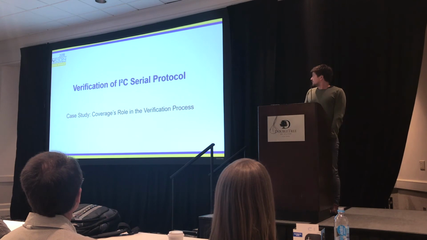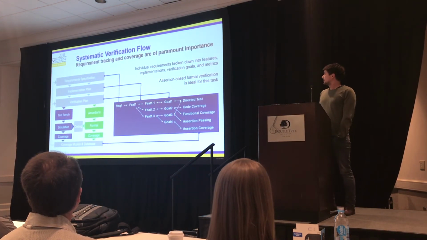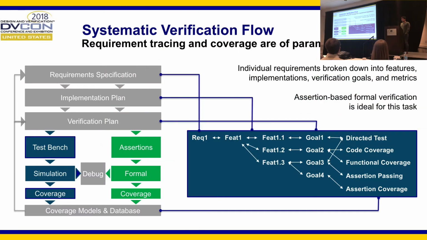Yeah, and moving on, so in a systematic verification flow, for example, everything starts from a requirement that is broken into individual features and sub-features, and for each sub-feature there is a verification goal. And it's the decision of the verification engineer what kind of verification he should apply.